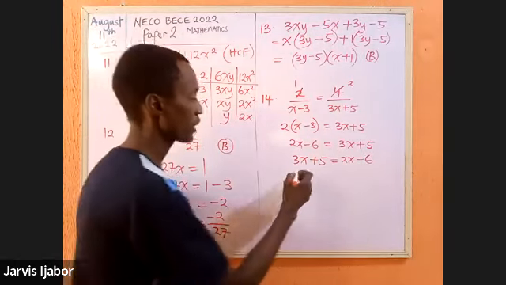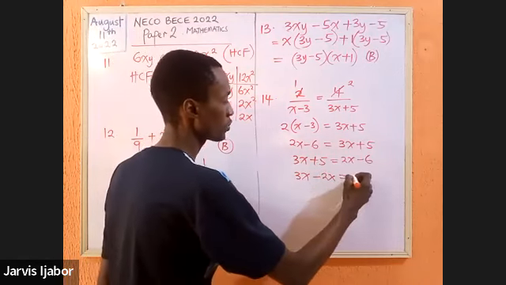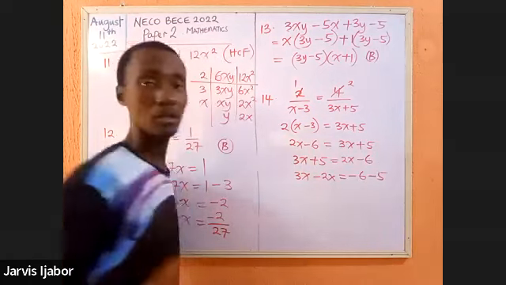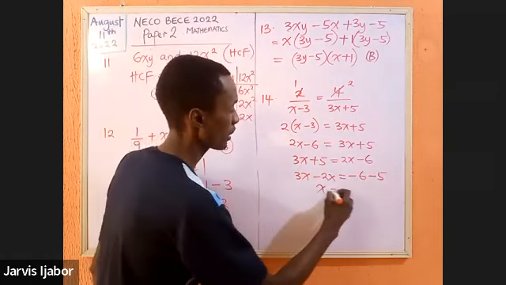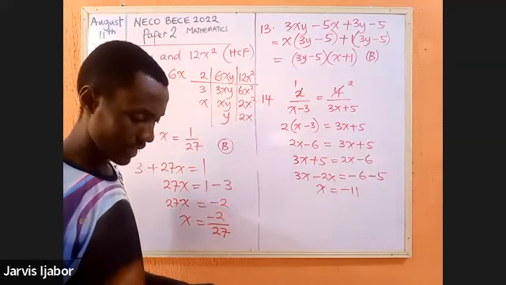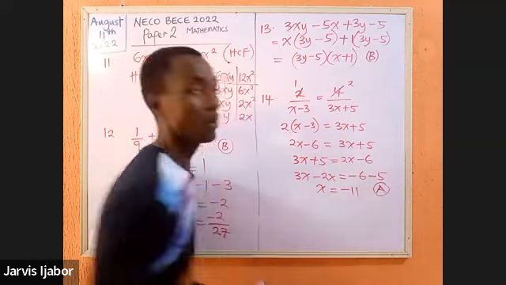So that will be 3x minus 2x equal to negative 6 minus 5. And this will give me x equal to negative 11. And that answer will be A.